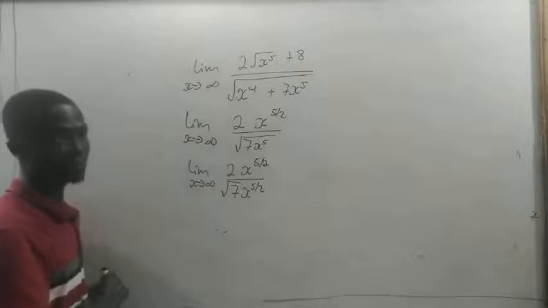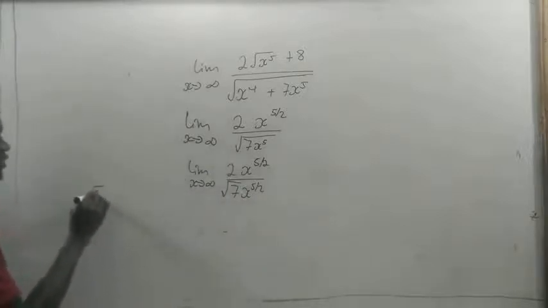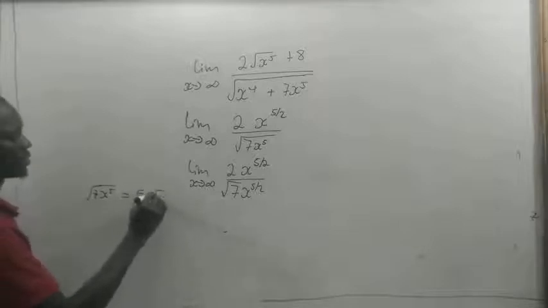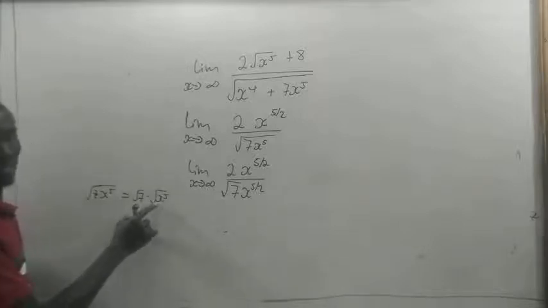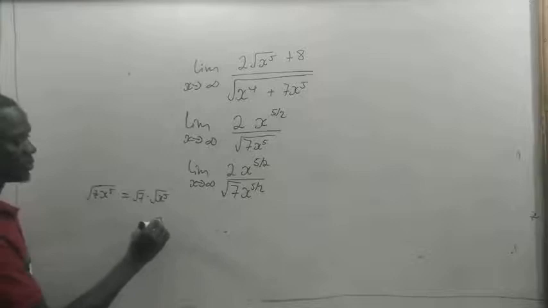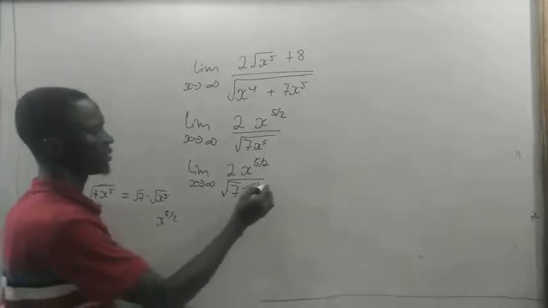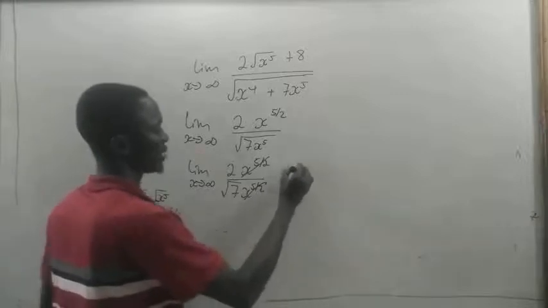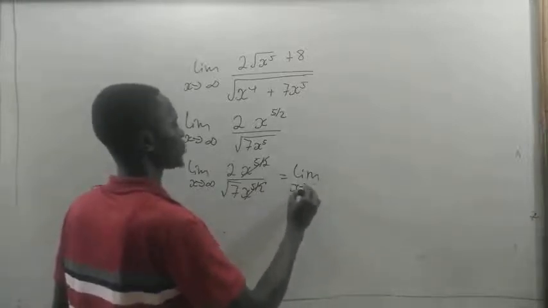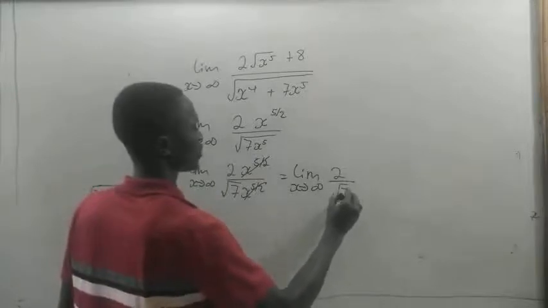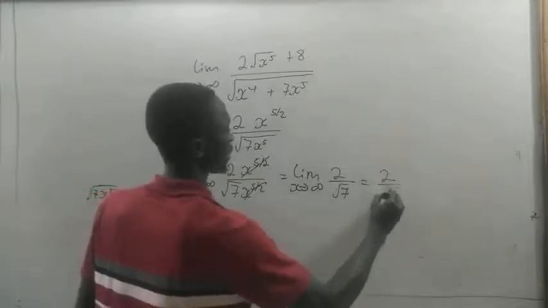Note that the square root of 7 times x to the power 5 is the same as square root of 7 times square root of x to the power 5, and root of x to the power 5 is the same as x to the power 5 on 2. So this one will cancel this, and we are going to have the limit as x approaches infinity of 2 divided by square root of 7.